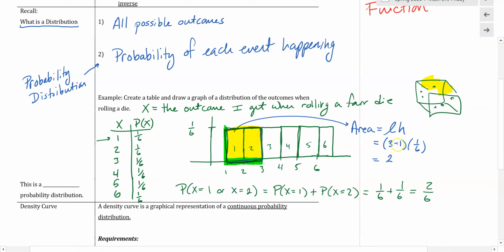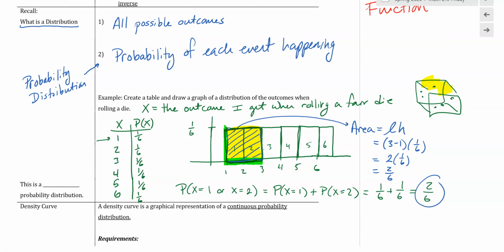So that's a length of 2, a height of 1/6. I get 2/6. It's the same answer I got by doing the probability. And so this kind of clues us in that actually we're going to see that the area under your distribution curve is the probability.